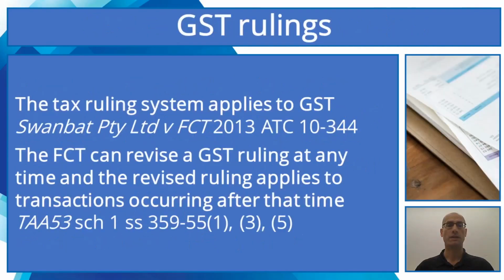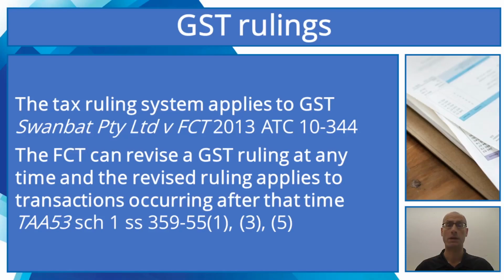A similar system of public and private rulings applies to the GST regime, just as it does for income tax. The idea is that you, as a taxpayer, can seek a private ruling from the Commissioner in regards to a transaction or a series of transactions.